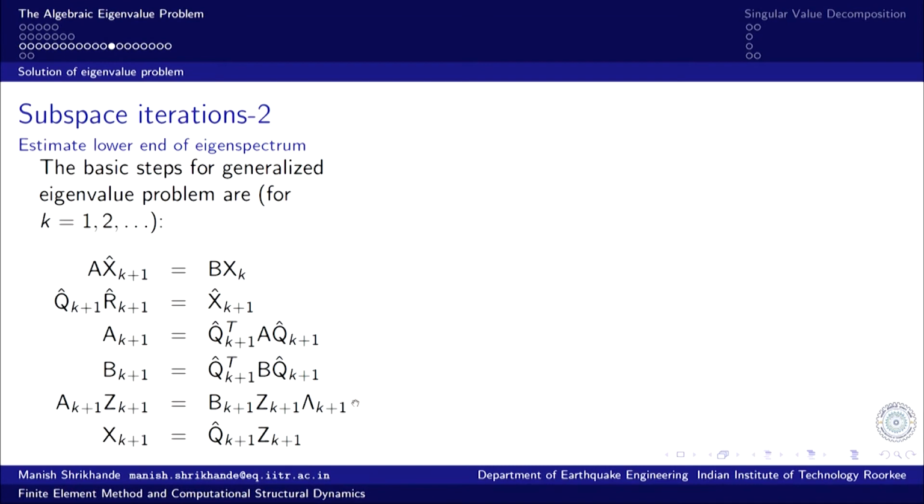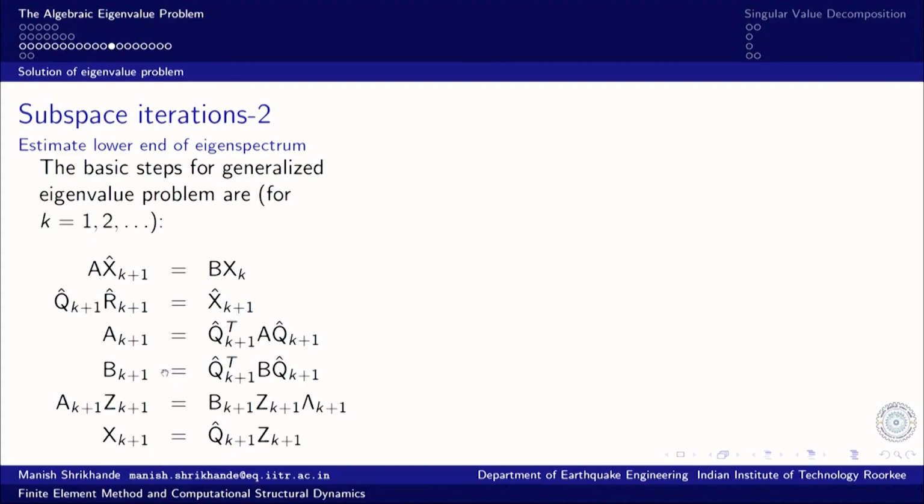So, that is a tremendous saving or reduction in problem size, and this is the reduced order eigenvalue problem which can be solved. Once we solve this problem, we find a new set of eigenvectors as q hat times the eigenvectors of this smaller eigenvalue problem. Then again the entire cycle begins from this step. We multiply b with this x k plus 1, find x hat k plus 1 by solution of simultaneous equations, and repeat this process again.